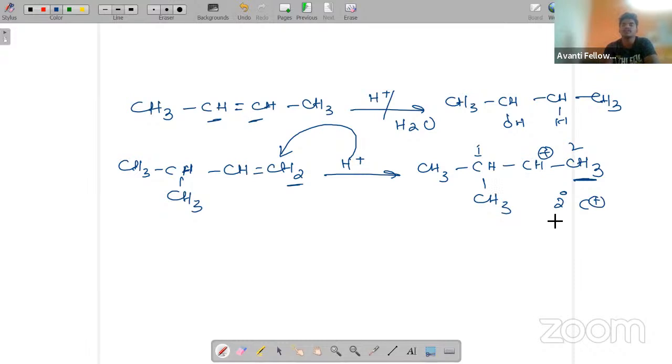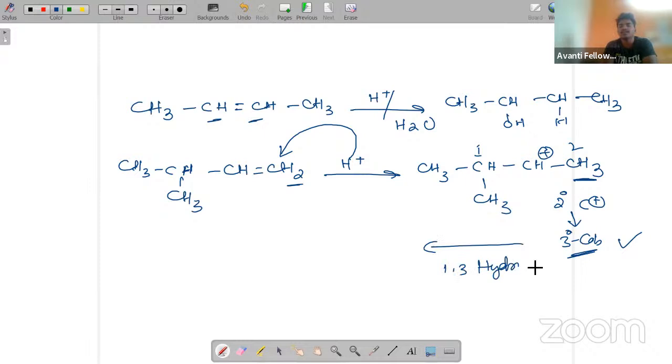Now this secondary carbocation, what do we have to see? We have to see, can we rearrange it and make it a tertiary carbocation? Yes, we can. How can we do it? That is by shifting. So now a 1,3 hydride shift.